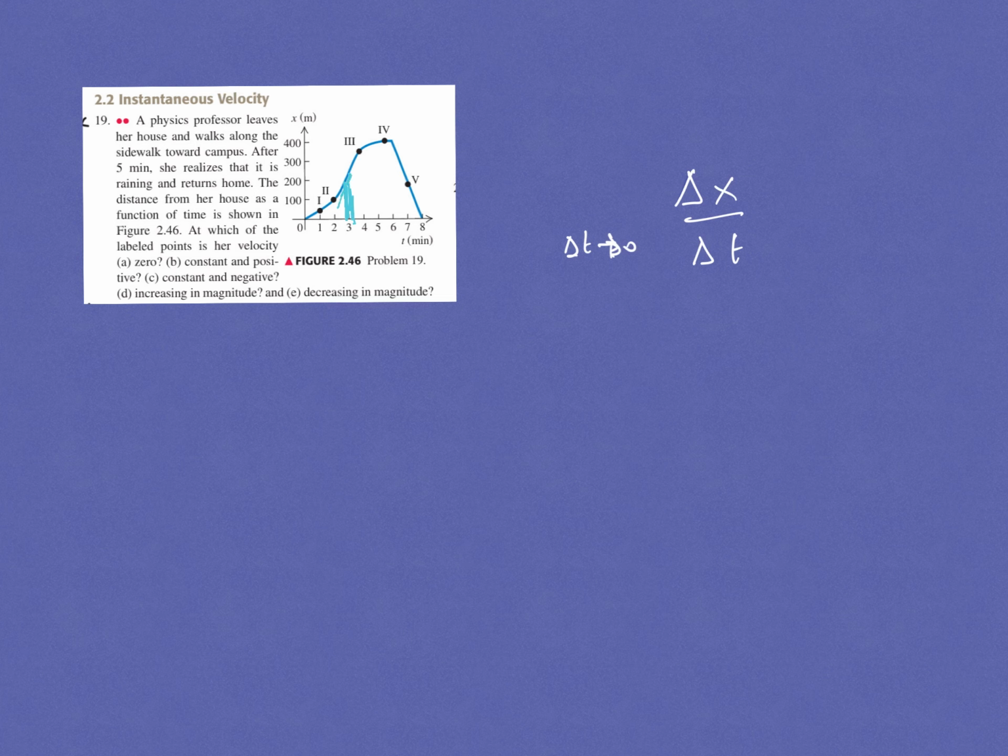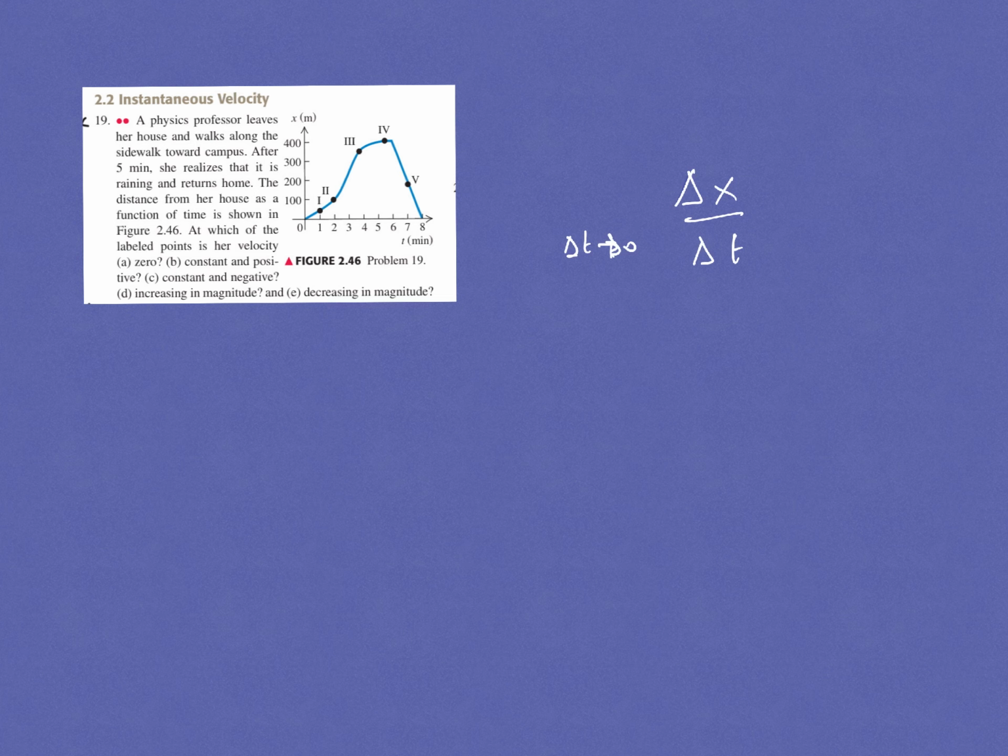So let's erase here. Now let's read. A physics professor leaves her house and, after 5 minutes, and so on. I already read it. At question A, if they give you the graph of x versus t, at which of the points is her velocity zero?